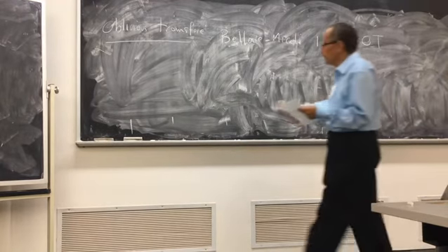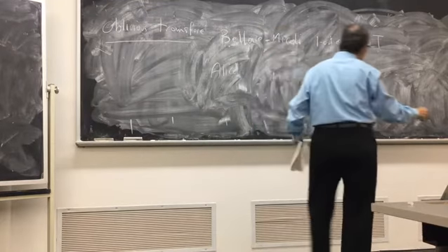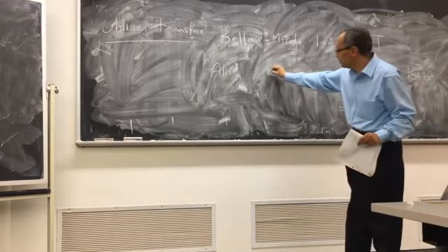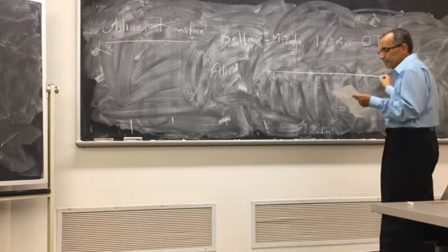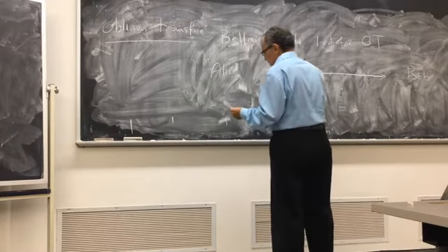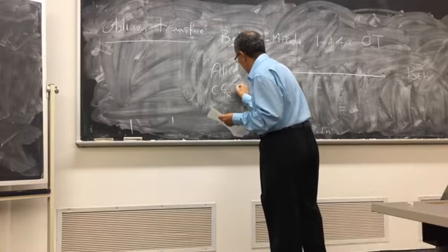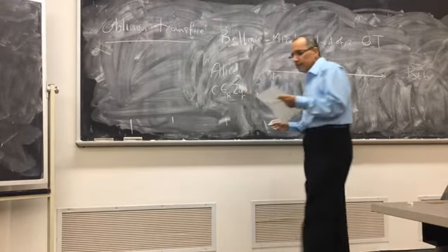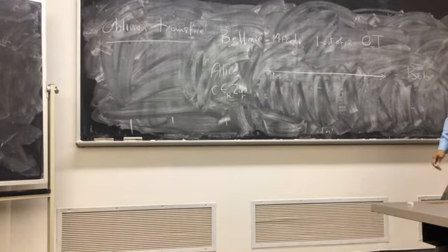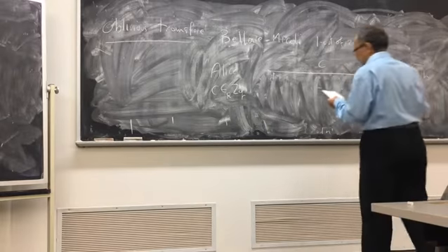So now I still have Alice and Bob playing the same roles as before. Alice picks a random number C in Z_q, just the numbers between 1 and q minus 1, and then she sends it to Bob.